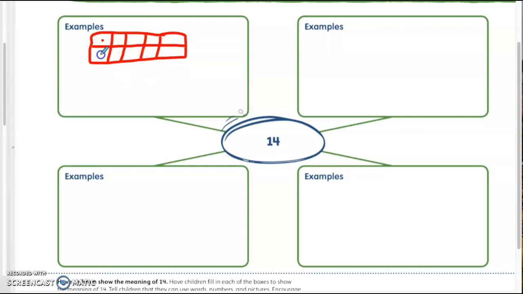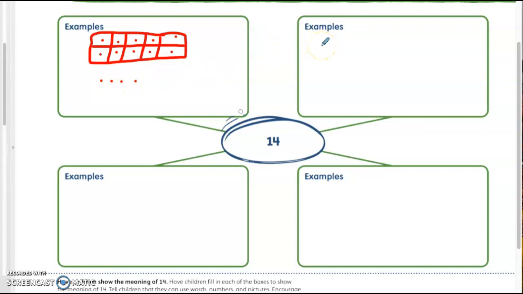And this whole 10 frame was full, right? If this whole 10 frame is full, how many dots do we need down here to show 14? I hope you said 4 because that's how many we would need. Ready? 10, 11, 12, 13, 14.